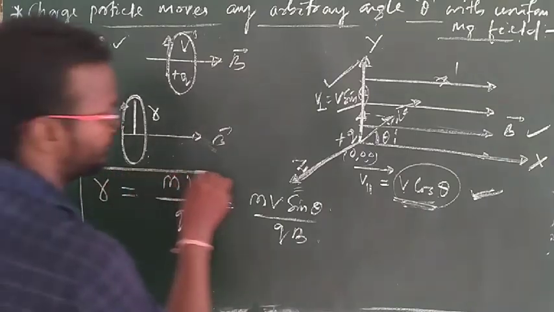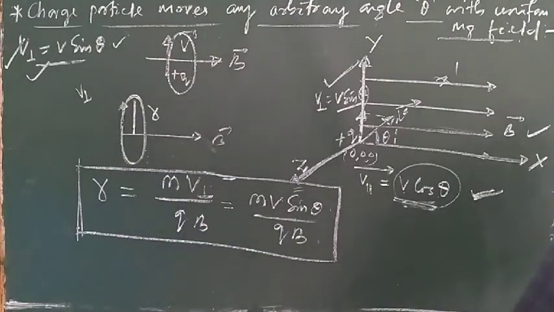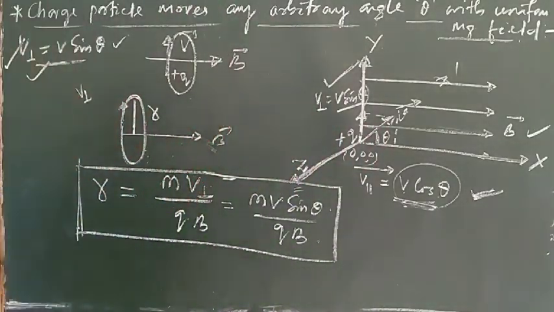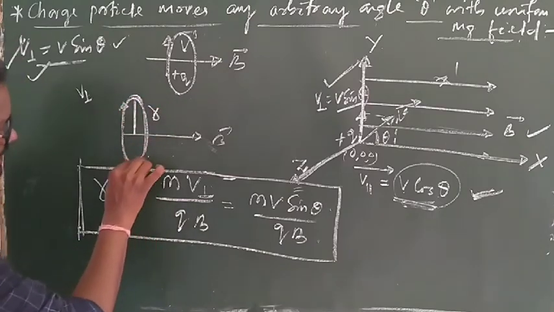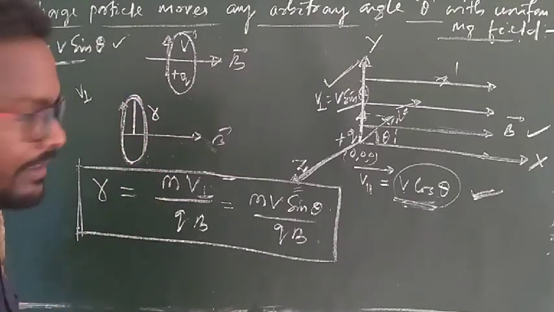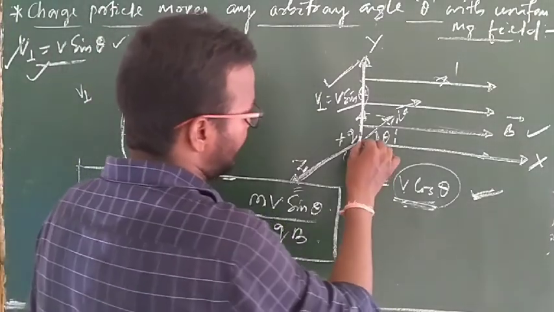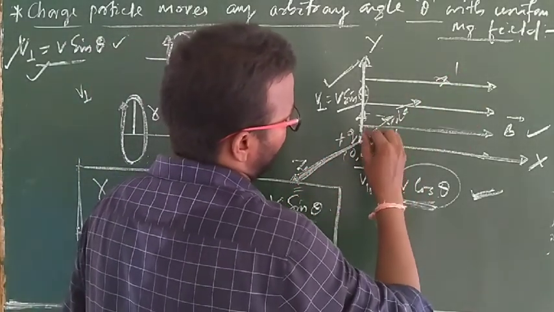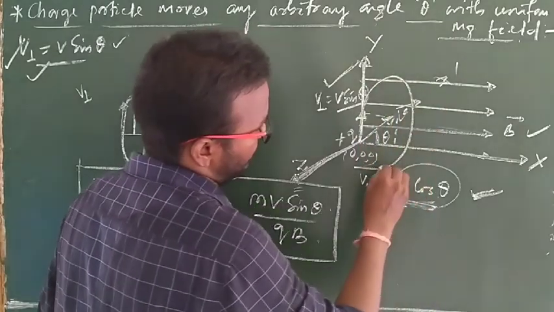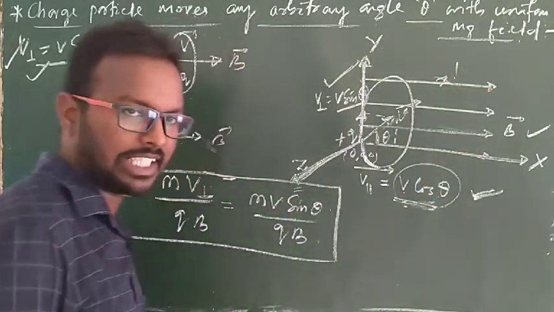This is the radius of the charged particle due to this perpendicular component, and the path of the charged particle is a circular path. Clear? This circle is a two-dimensional figure and lies on a plane. If this is the z axis and inward is the z dash axis, then the circle lies in the x and z dash plane. Clear?